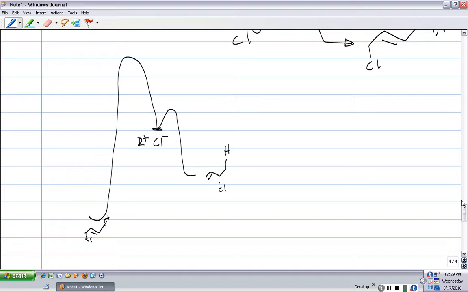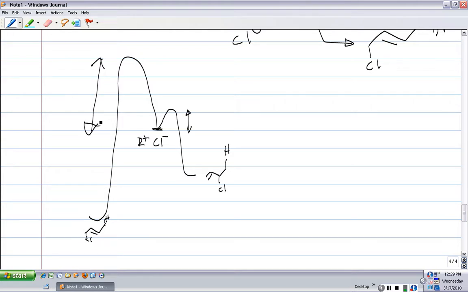And here's how it works. Let's say we run the reaction at a low temperature. Well, a low temperature limits how much energy is in the system. And so at a low temperature, my system will probably have enough energy to jump this barrier, but it probably won't have enough energy to jump this one, right? Because that's a higher energy barrier.